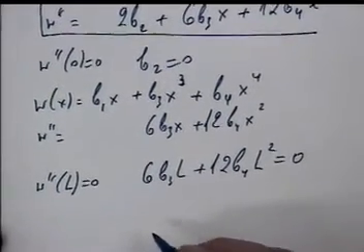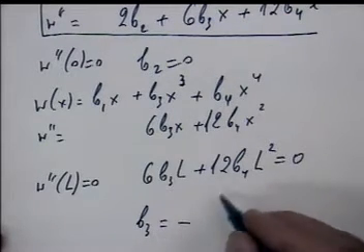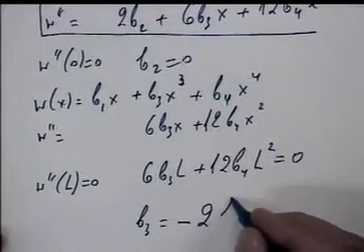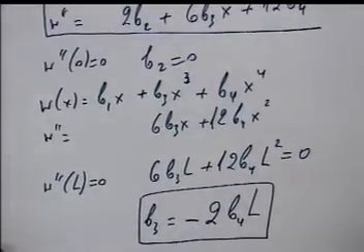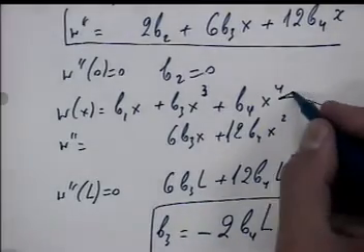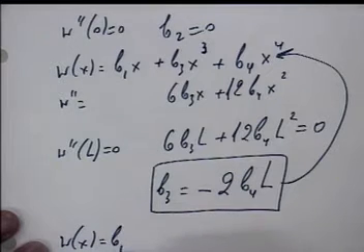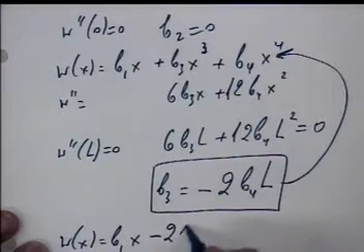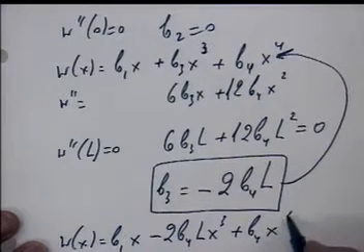So let us express b3 from here. b3 equals minus 12 over 6. It is minus 2 b4L. So we substitute this here. And we get W of x equals b1x minus 2 b4L x cubed plus b4x in fourth power.